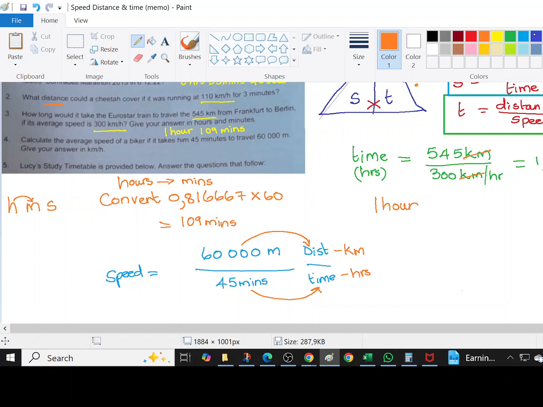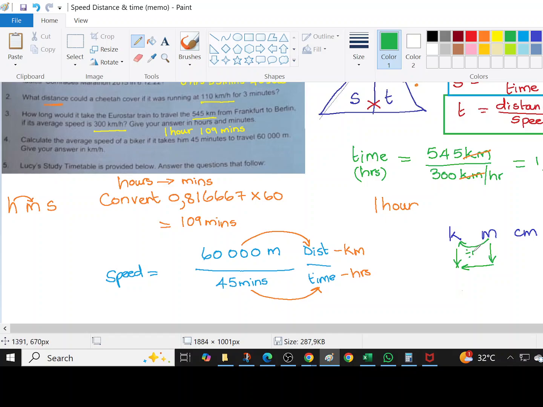Now, let's do that other conversion table: kilometers, meters, centimeters, millimeters. Okay, so now we are going meters to kilometers. Do we multiply or divide? No, you divide. Correct.